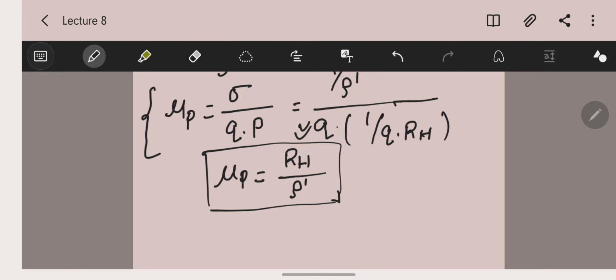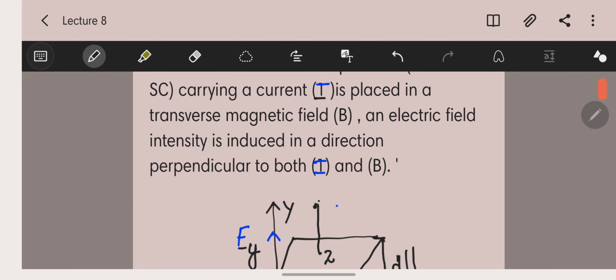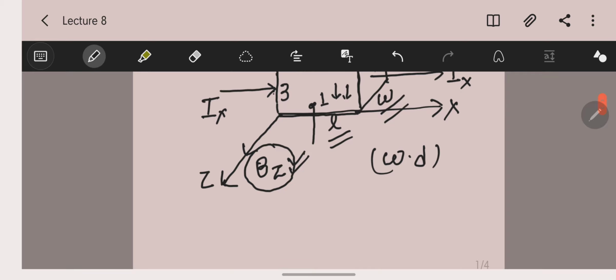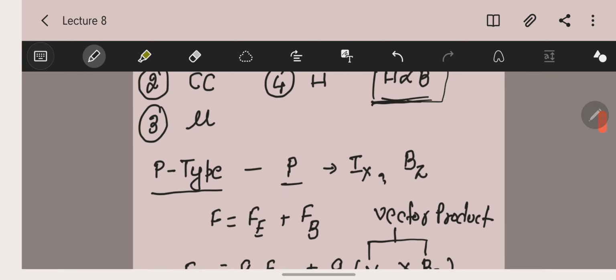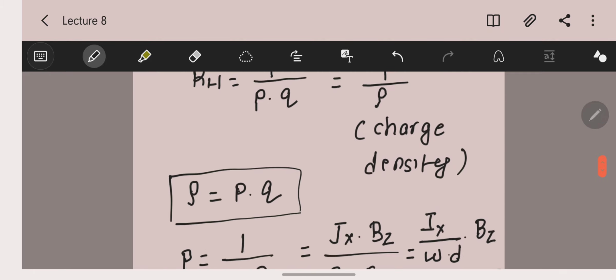Now this is the complete Hall effect, with the statement, the significance, and some mathematical derivations, using which you can solve mathematical problems.